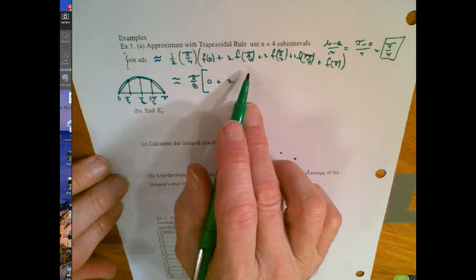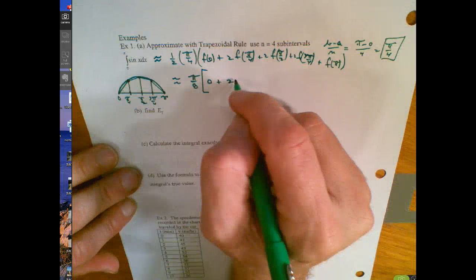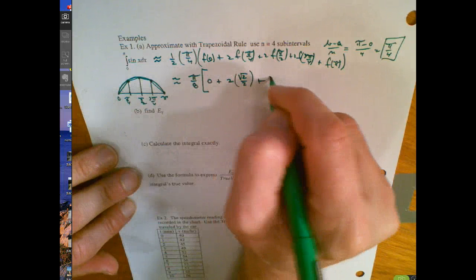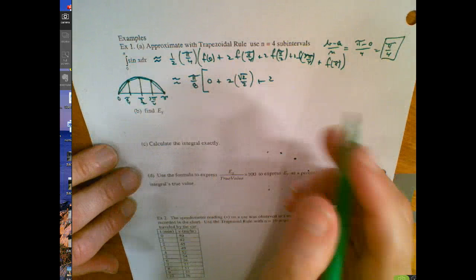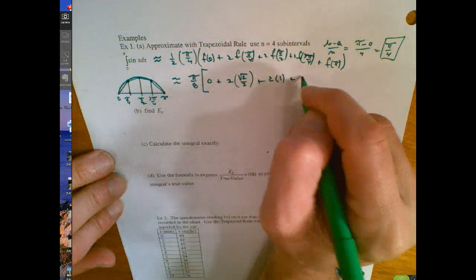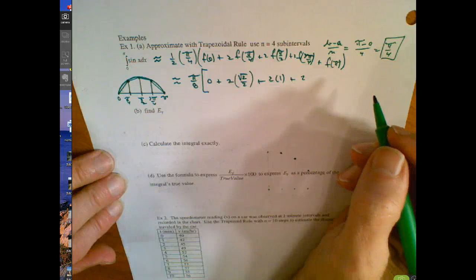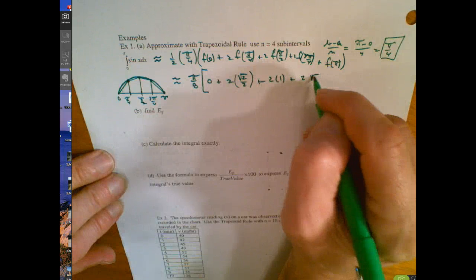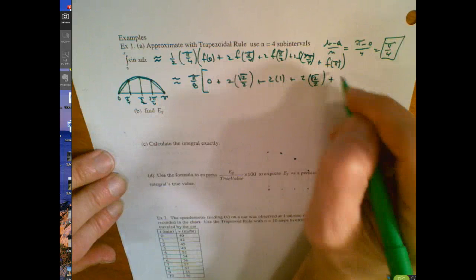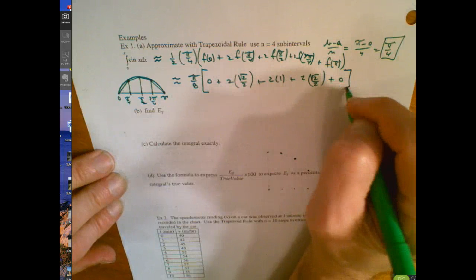The sine of pi over 4 is square root 2 over 2, plus 2 times the sine of pi over 2, which is 1, plus 2 times the sine of 3 pi over 4, which we know is square root 2 over 2. Then finally we have 0 for our last term.